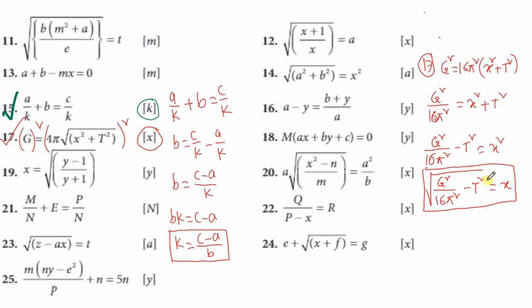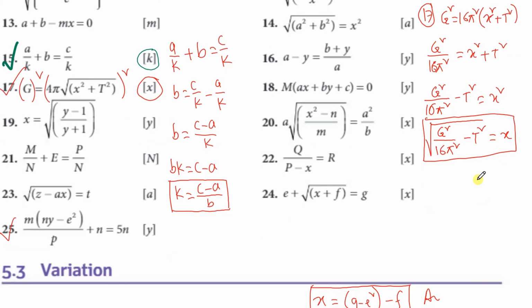Let us do one more question from here, like 25. Question number 25. If we go for question 25, we need to first see what we are going to make the subject, which variable we are going to make the subject.